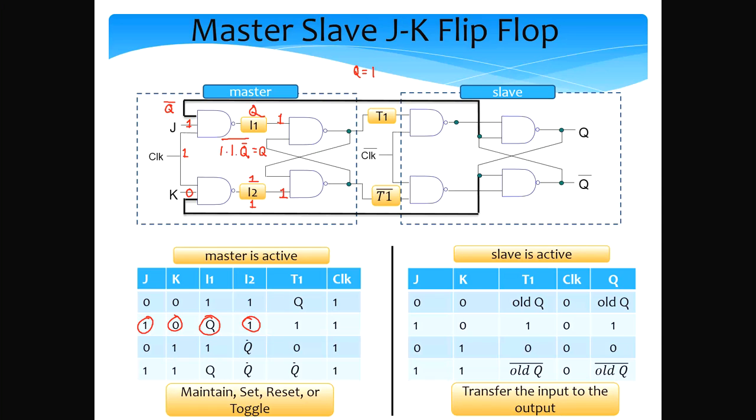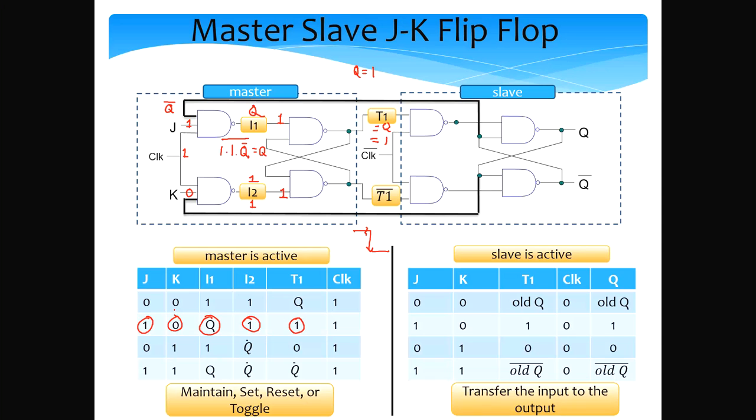If you have 1 and 1, essentially both set and reset are 0, so the value will be maintained, which means T1 is equal to the value of Q. The point of time that we're looking at is just before the negative edge. So whatever is the value of Q, T1 must have been equal to that. Since the value of Q is equal to 1, T1 is equal to 1. So we see that in both cases, T1 is equal to 1.